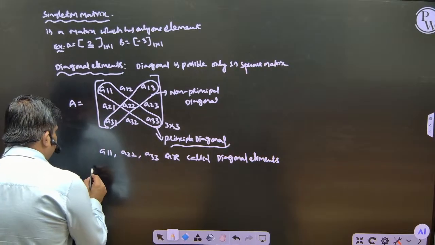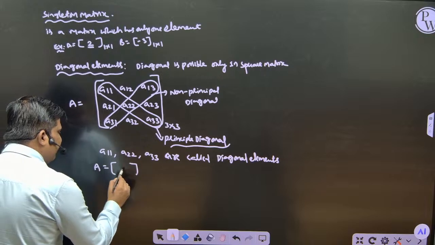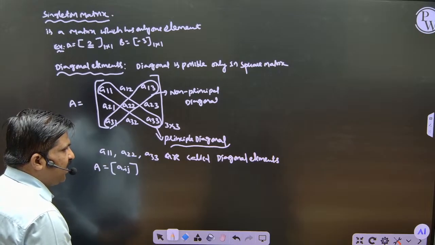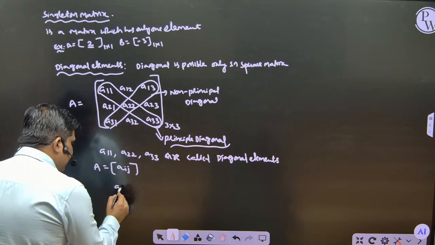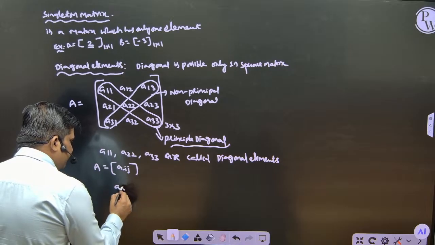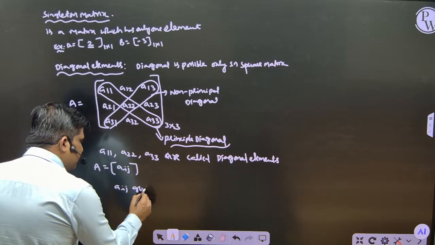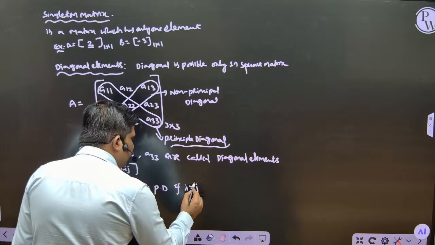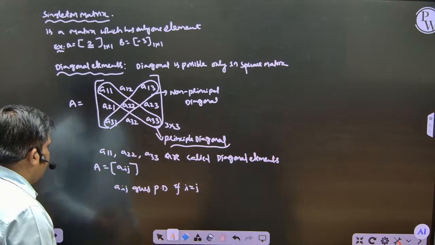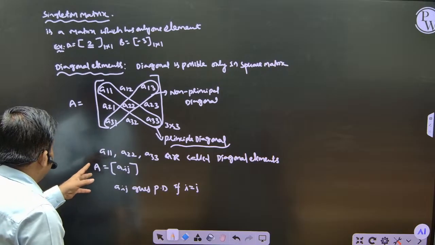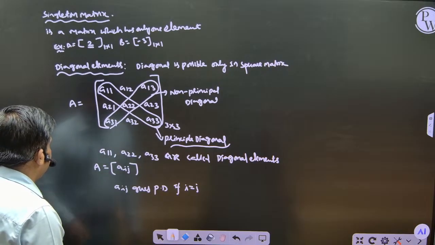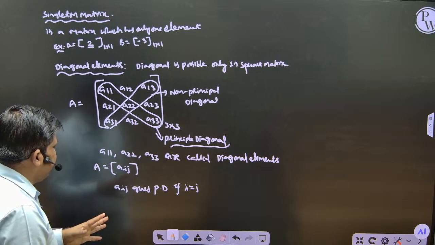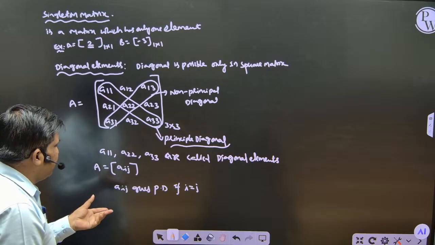In a matrix, if we have elements of the type Aij, they give the principal diagonal if i is equal to j. In this matrix, the general element is Aij.